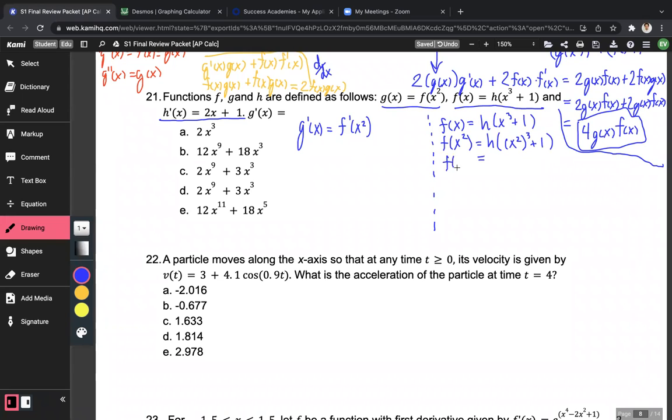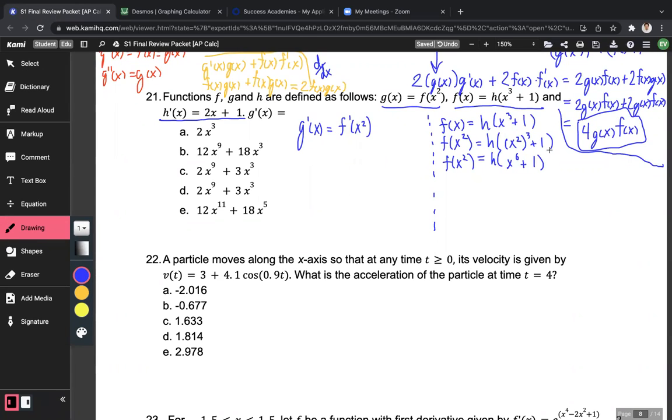And that's pretty important. It's going to make life pretty easy. Notice how all I did was replace an x squared wherever I saw an x in the function there. So that's h of now x to the 6th power plus 1. So f of x squared equals h of x to the 6th plus 1.